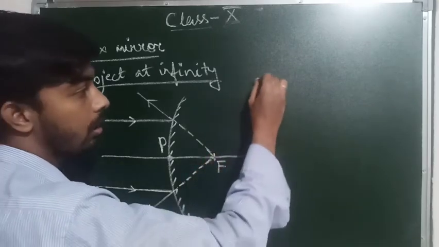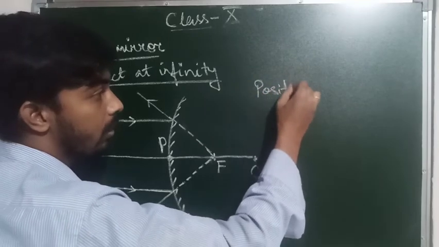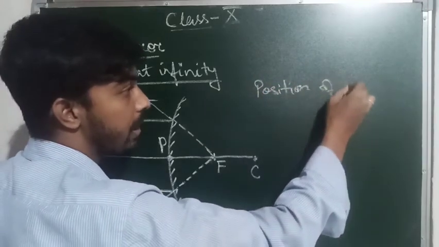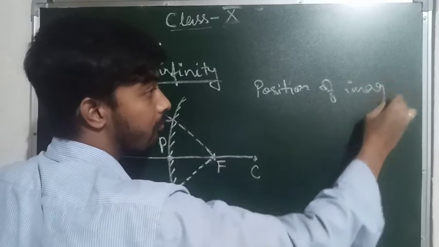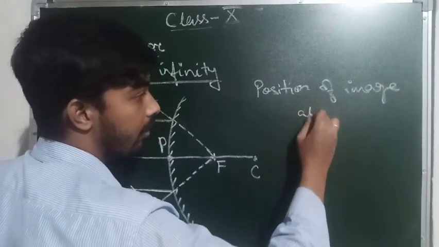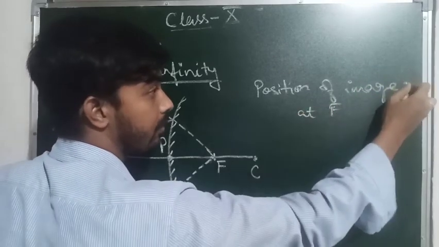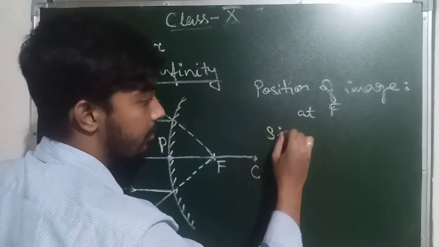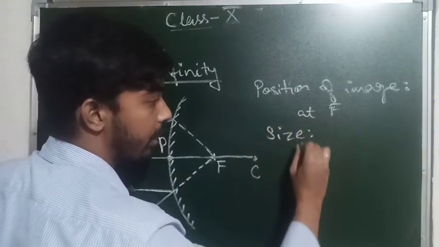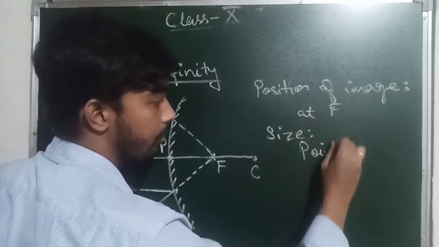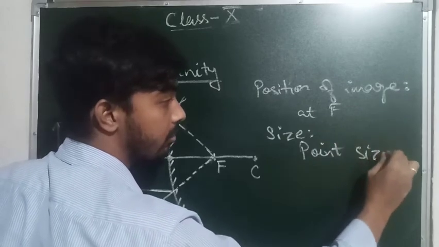So here, position of image: at F. Size: point sized.